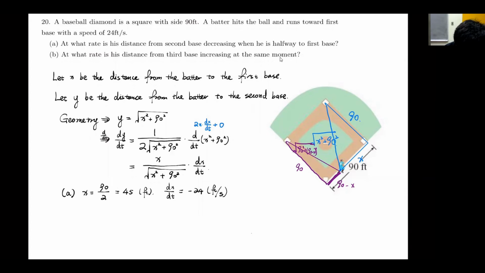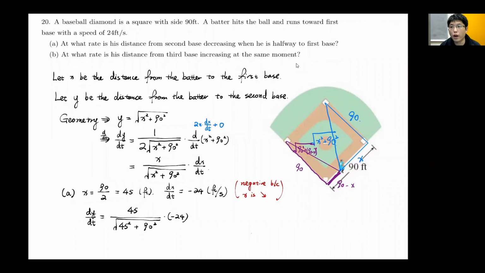So notice that I've chosen dx over dt to be negative because x is decreasing. Okay, so with all this information, we see that dy over dt is simply going to be 45 divided by the square root of 45 squared plus 90 squared, times minus 24.